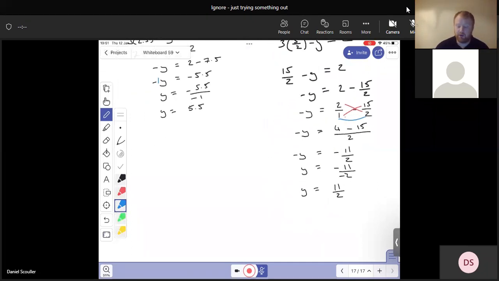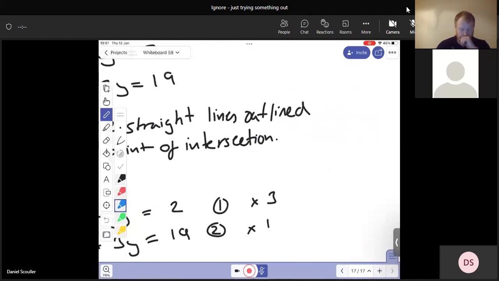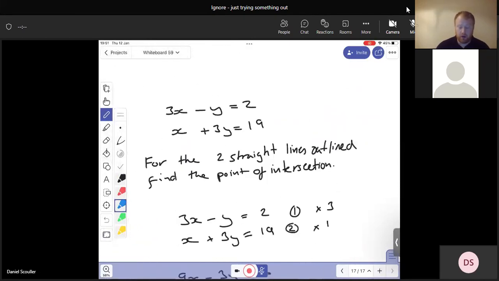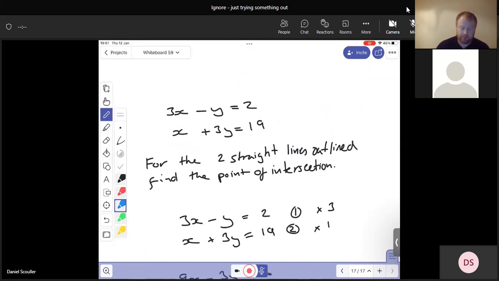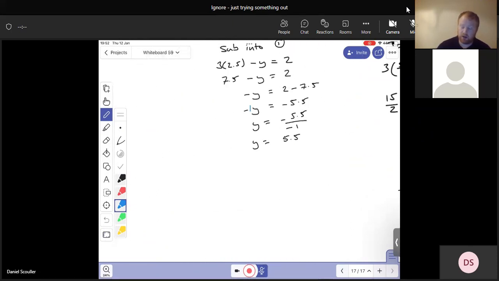Finish that answer off. It's asking you for the point of intersection. So it's asking you for a coordinate, in the form of x, y. So just leave your answer like that.